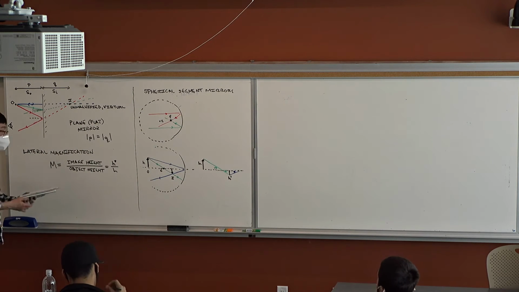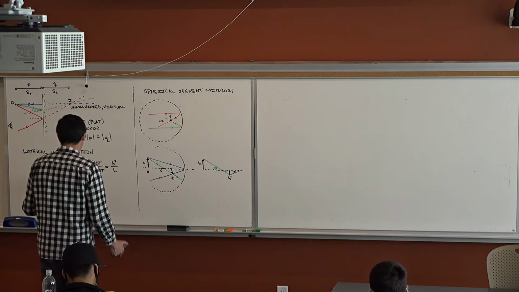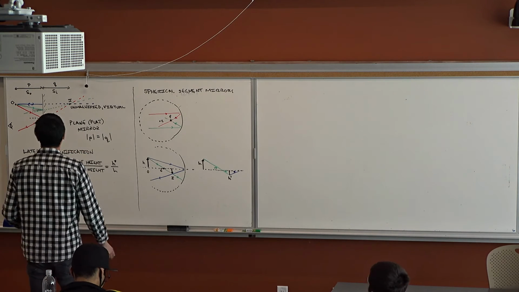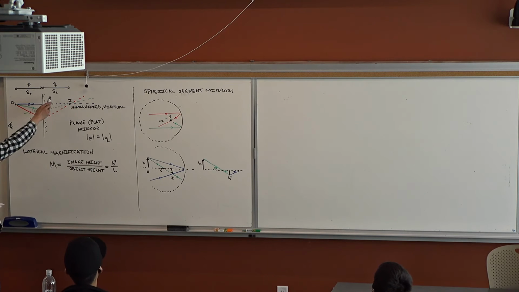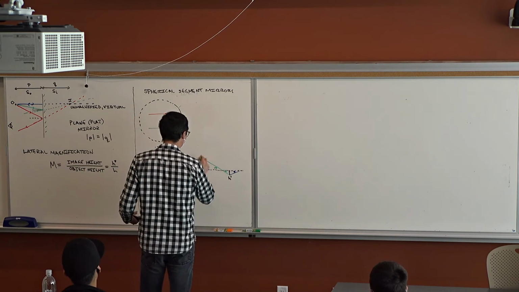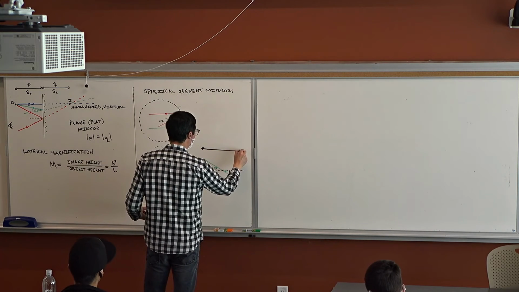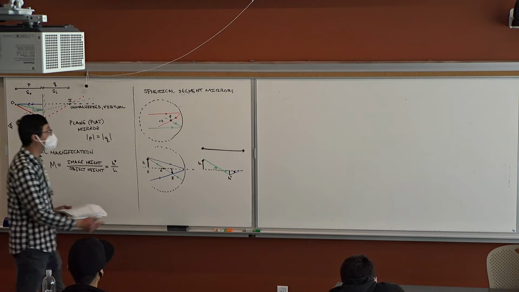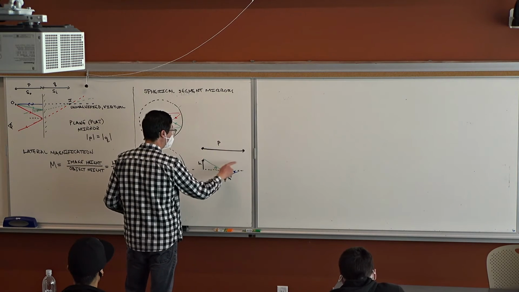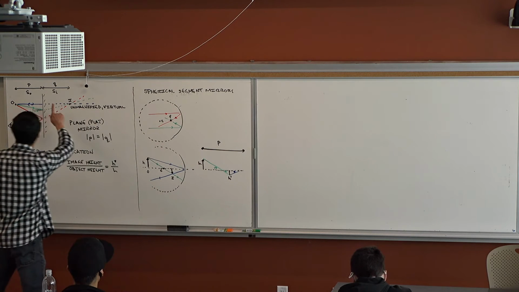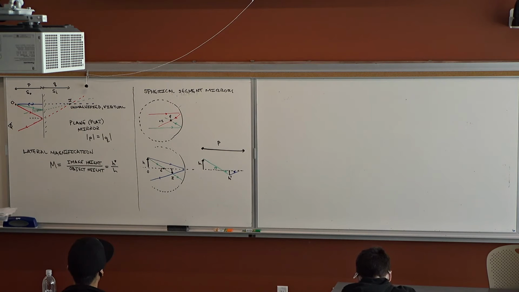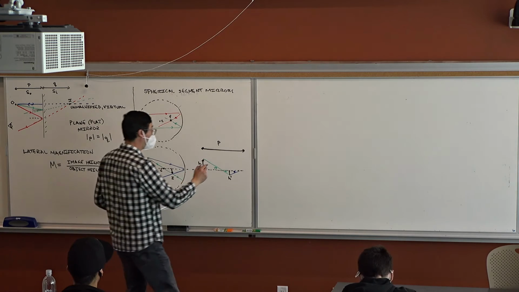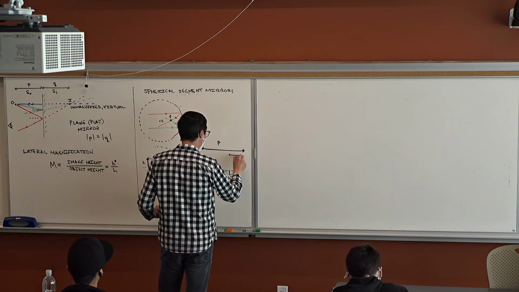So, by our kind of statements here, what should I call this distance? How about P? Right, the distance from the mirror to the object? What should I call this distance?